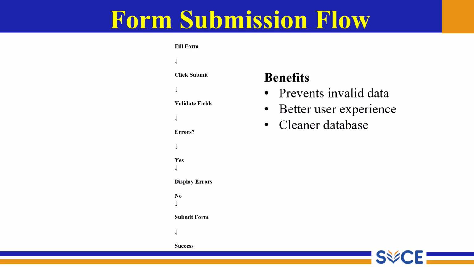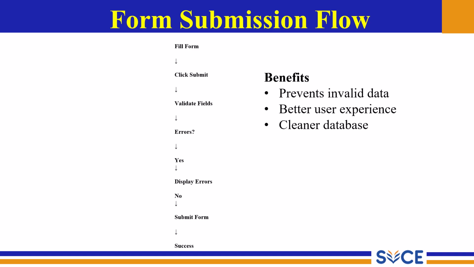Now let's understand the complete process of submitting a validated form. The slide shows a simple workflow followed by almost every React application. First step, the user fills the form. Step 2, user clicks the submit button. Step 3, validation begins. Step 4, any errors.